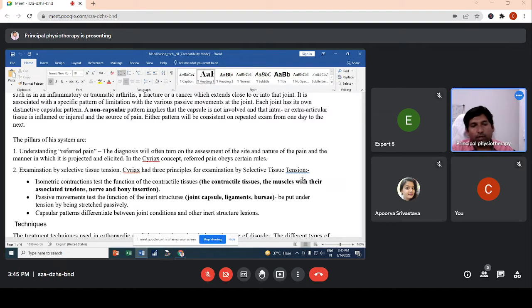If you tell the patient to flex the elbow against resistance, he will feel pain. As per Cyriax's concept, the isometric contraction tests the function of contractile tissue, and the contractile tissues are the muscles with their tendons, nerve and bony insertion.